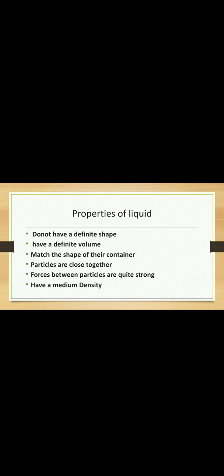There is no strong force of attraction present in the liquid, only a very weak force of attraction as compared to the solid. Some properties that differentiate the liquid from the solid: they do not have a definite shape, they have a definite volume, and they match the shape of the container they are in.